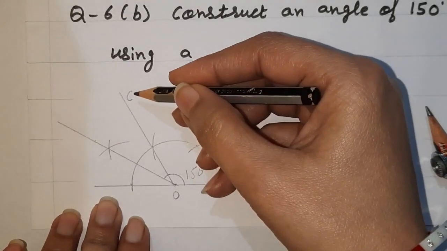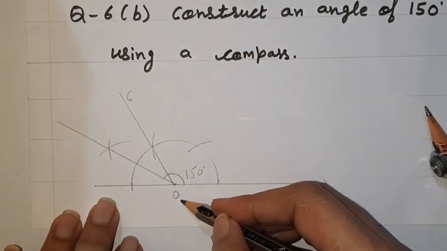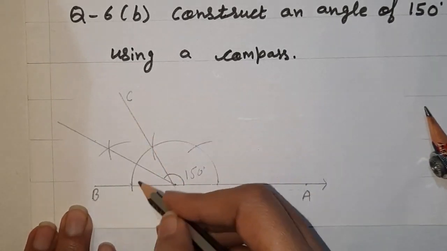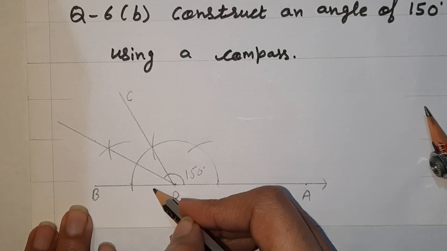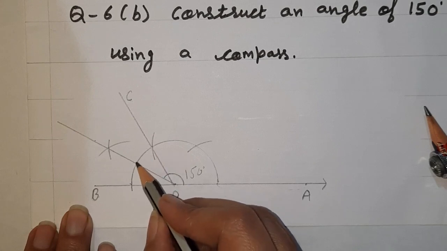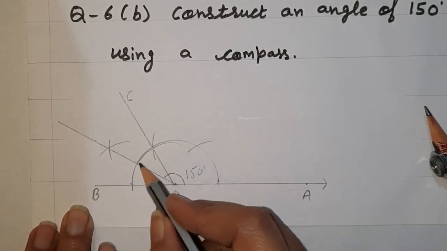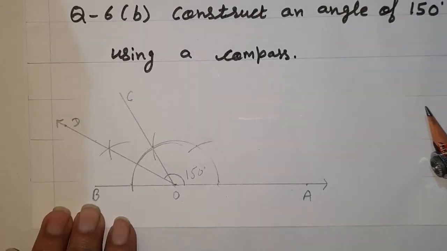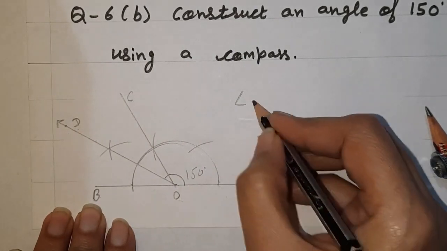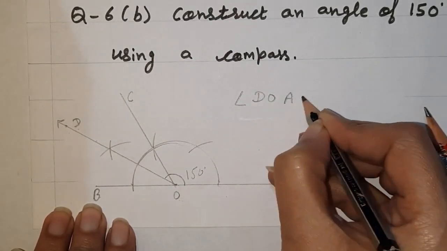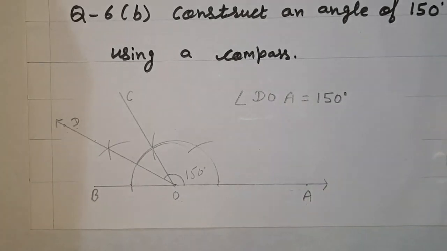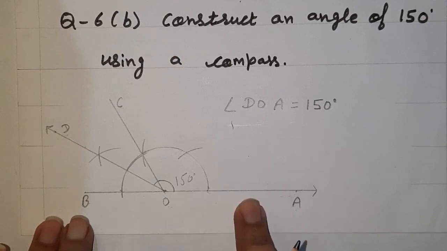We have done bisection of angle COB. COB को हमने बाइसेक्ट किया. ओके. और उसमें हमने टोटल एंगल राइट टर्न किया, जो है 150 डिग्री. This is point D. So angle DOA is equal to 150 degree. In this way you can construct the angles.